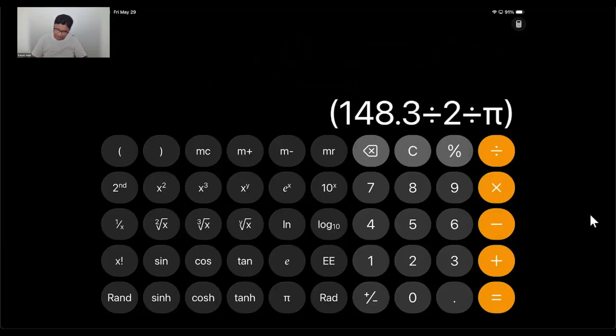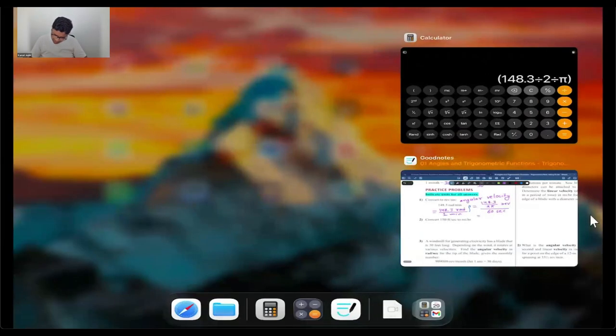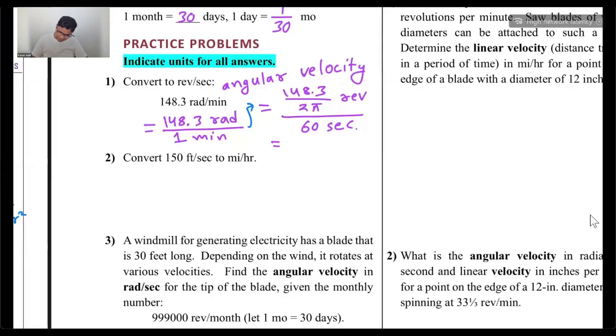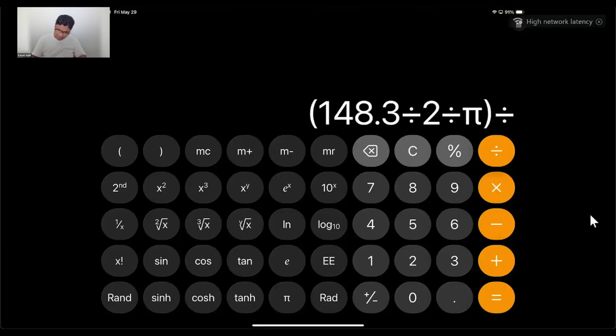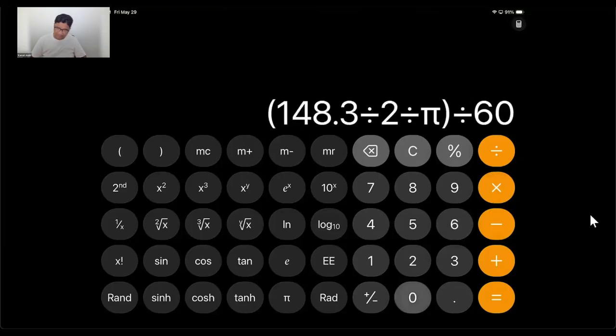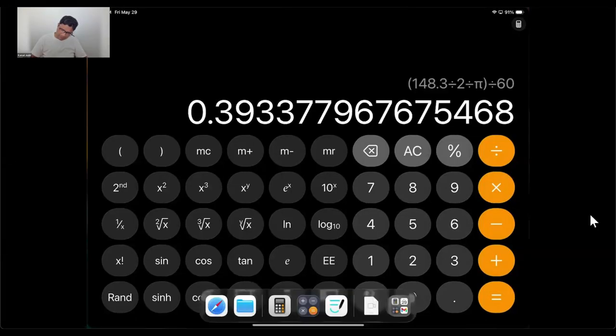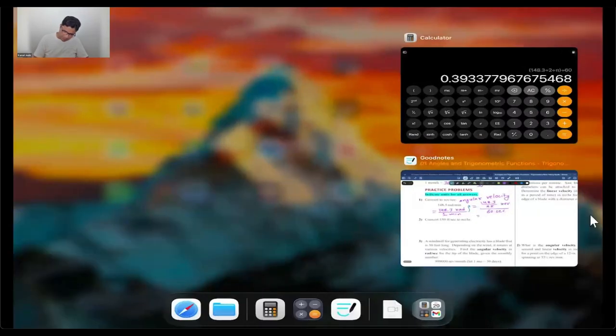These things are important. So 148.3 divided by 2 pi divided by 60. Right? This whole thing in parentheses divided by 60. That's your answer. So what do I get? 0.39. I'm going to leave it at 2 decimals.